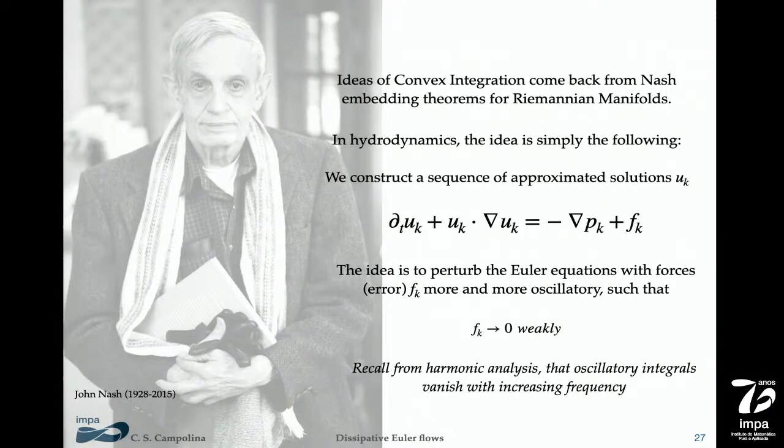The idea is to perturb the Euler equations with those errors, which we can interpret as forces. So these are the ghost forces from Schnirelman. And the idea is to construct this sequence in such a way that these forces become more and more oscillatory, so they are exciting the equation at higher and higher frequencies.